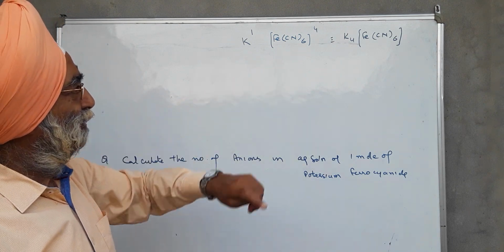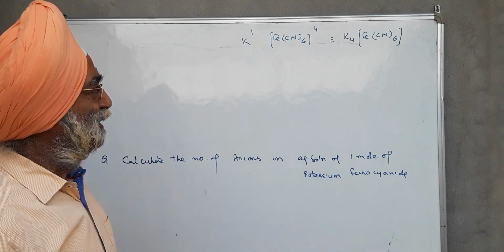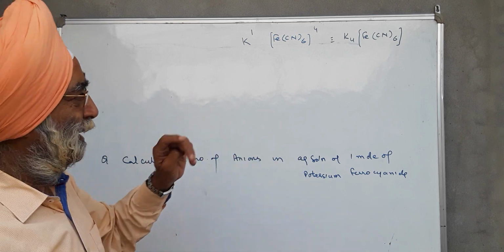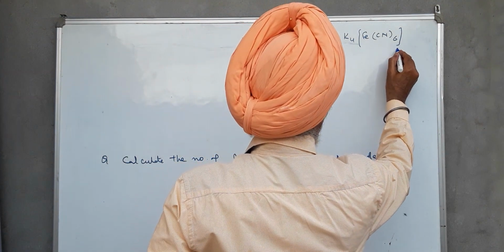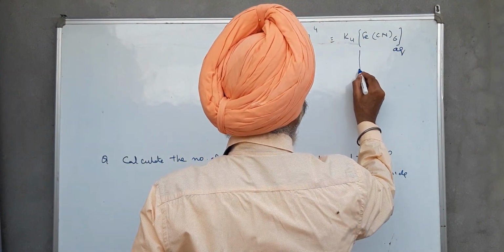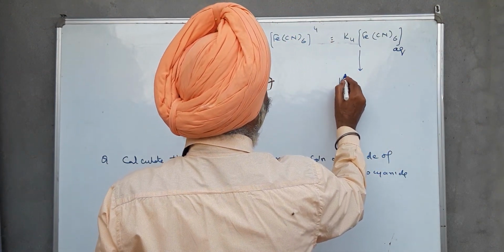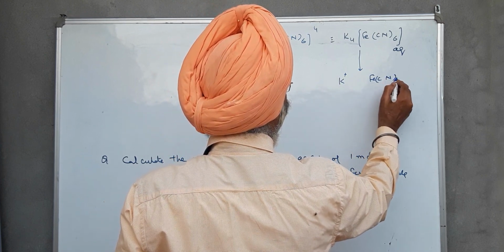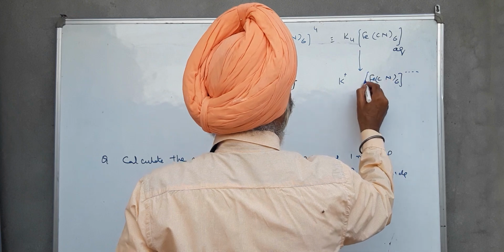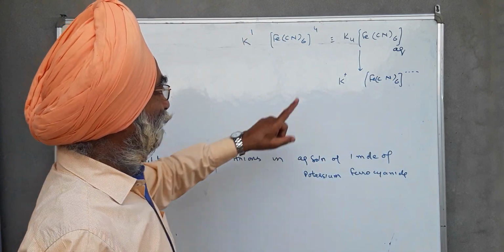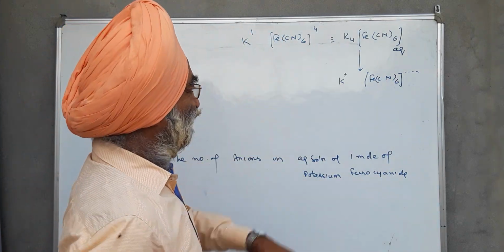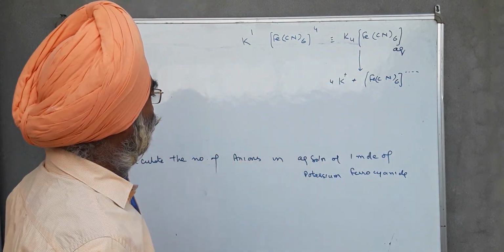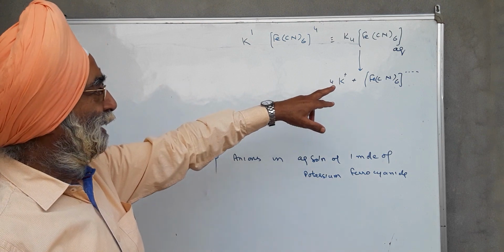This is the formula of K4[Fe(CN)6]. It is potassium ferrocyanide. Dissolve it in water and we get potassium cations and ferrocyanide anions. Still incomplete: K4, so it is 4 potassium cations and 1 ferrocyanide ion.